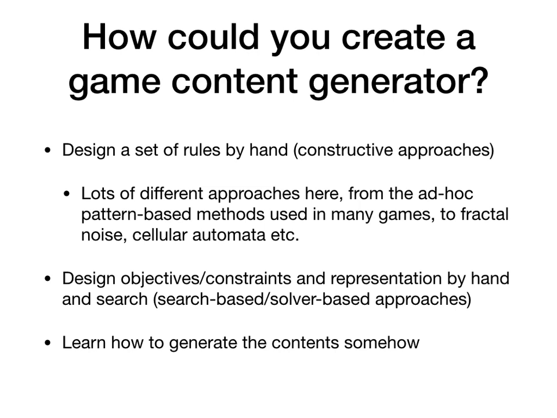And then we have the other family of search-based and solver-based approaches. This includes things that use evolutionary computation and constraint satisfaction, with all kinds of fancy computer science methods. Here, you're creating objectives and constraints and the representation for the content by hand, and then you use some kind of search.